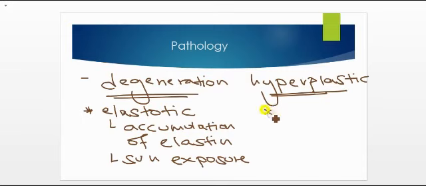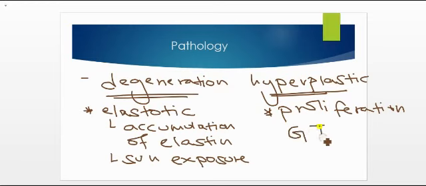Then why I say hyperplastic is also important, because at the same time as it's undergoing elastotic degeneration, where elastin gets deposited, there is also going to be proliferation. And this proliferation will be in the form of granulation tissue, highly vascularized granulation tissue.